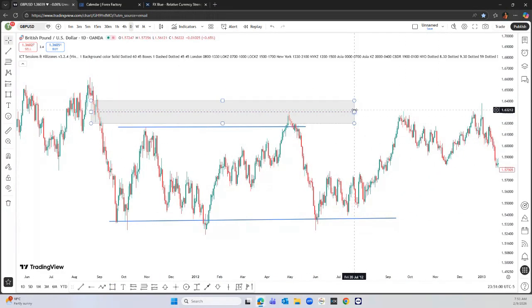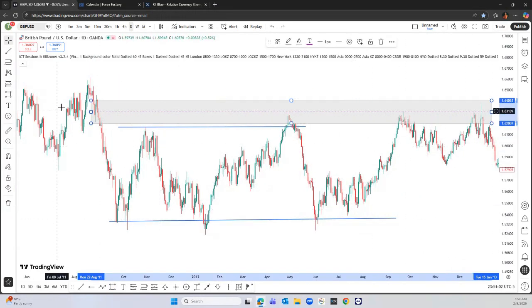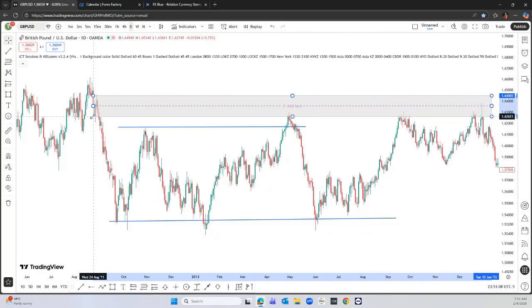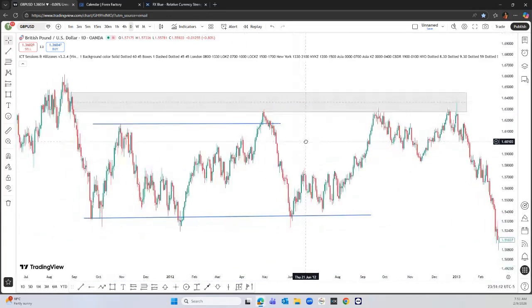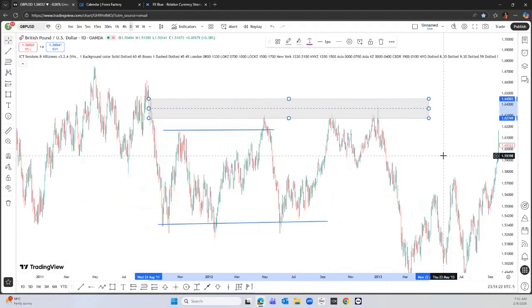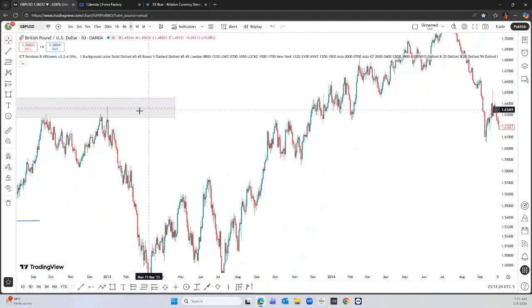I'm looking at this level and also factoring in all the way to this level, because we want the most number of touches. So this is resistance. The price comes first, second, and then the third time the price comes into that particular level.